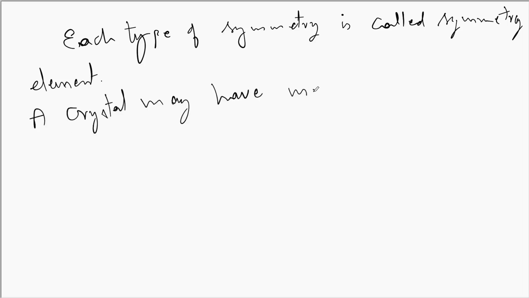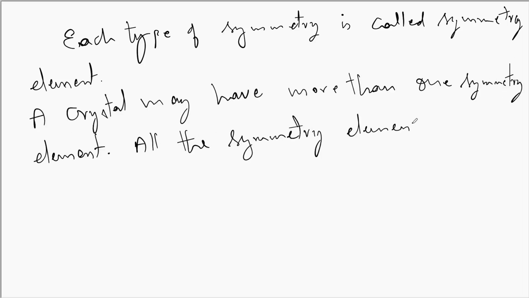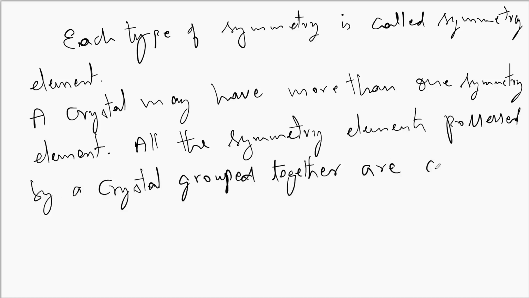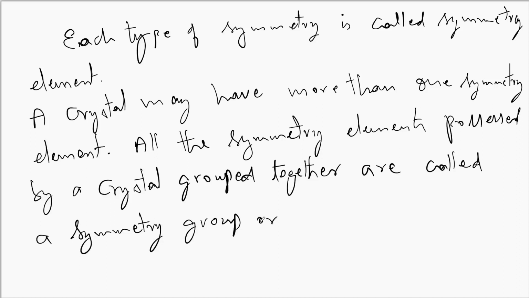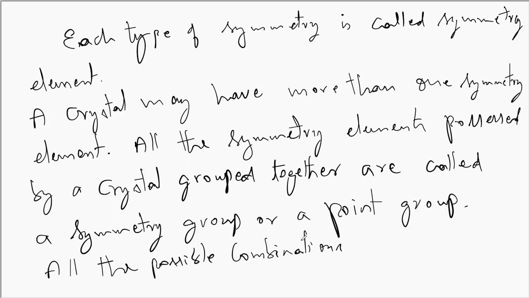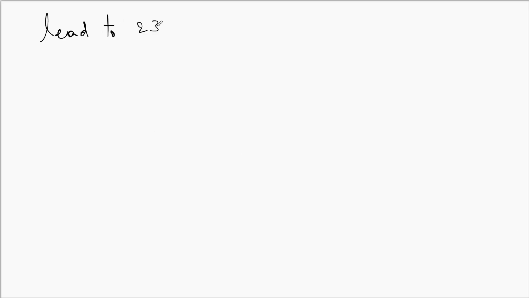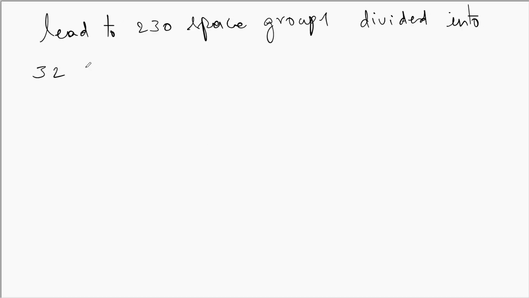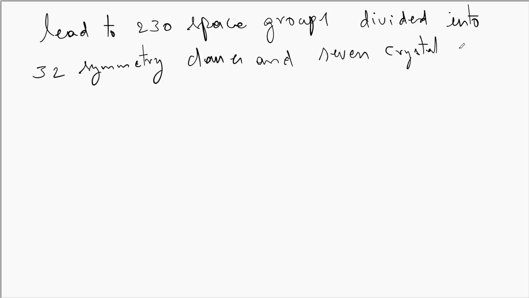All the possible combinations of symmetry elements lead to 230 space groups, which can be divided into 32 symmetry classes and 7 crystal systems.